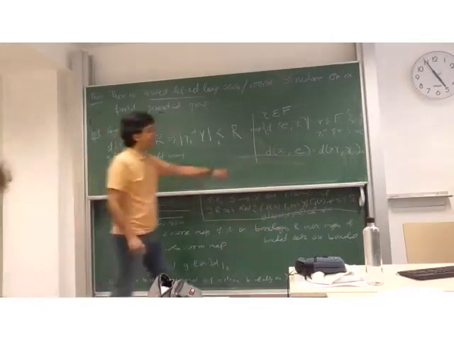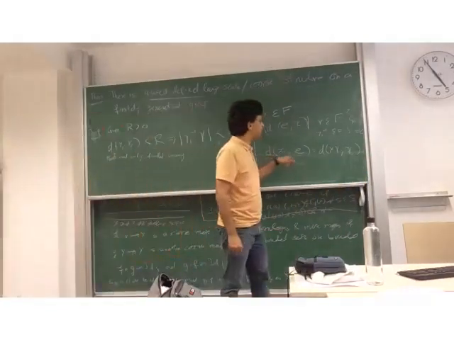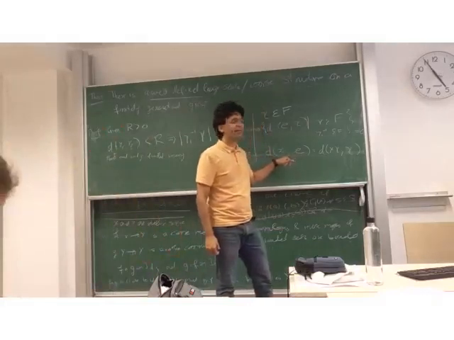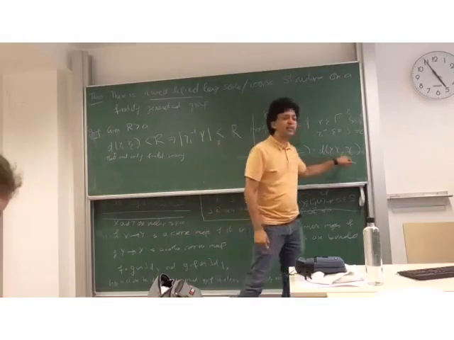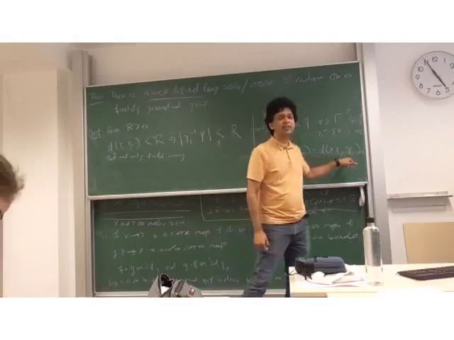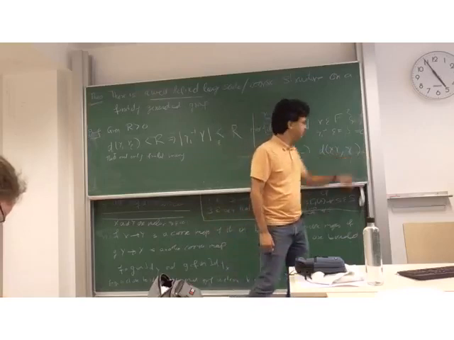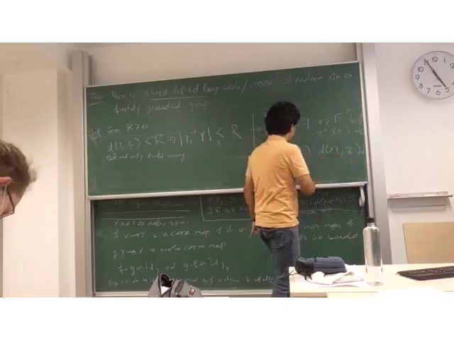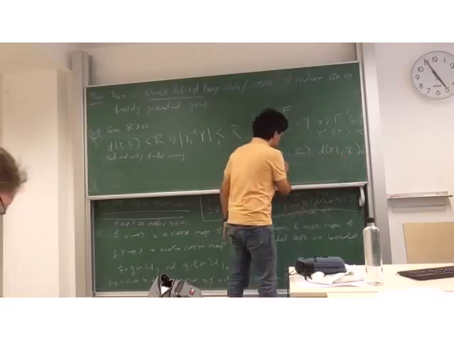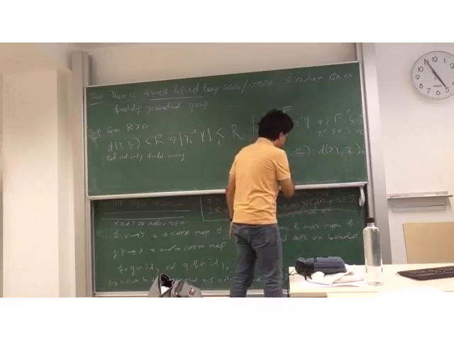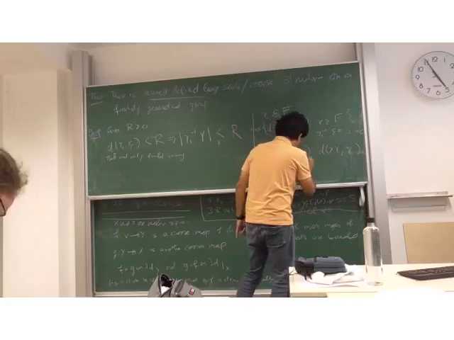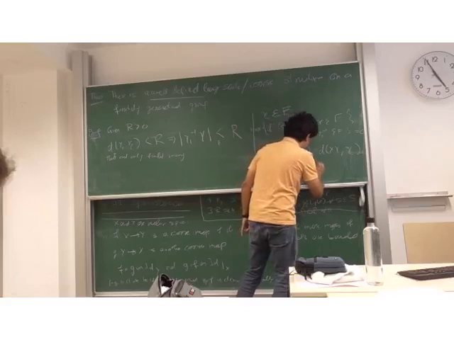So if x was made of gamma 1, gamma 2, and so on, each time I can multiply by the inverse, and I would get that this is less than or equal to c times the length of x, since for every gamma I know the length is c.